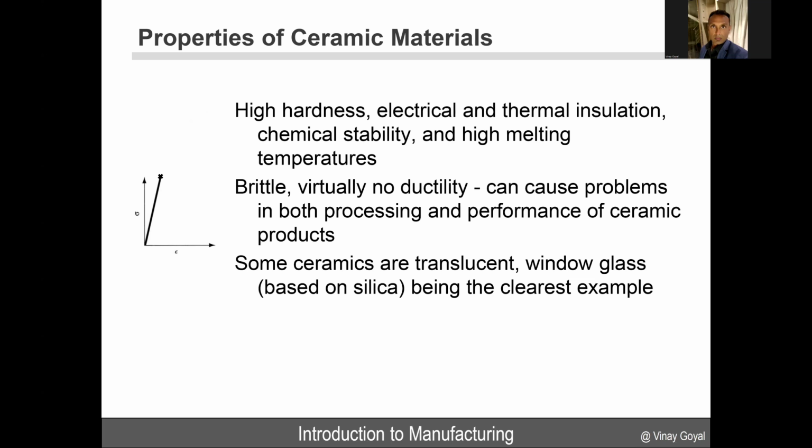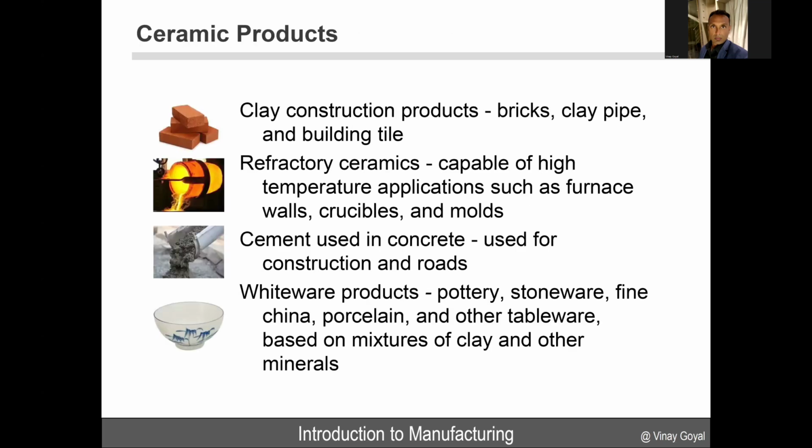Now, some ceramics are translucent, like window glass, which is based on silica, one of the best examples. Looking at other ceramic products, for clay construction products, you may have seen bricks, clay pipe, and building tile. Refractory ceramics are capable of high temperature applications, such as furnace walls, crucibles, and molds.